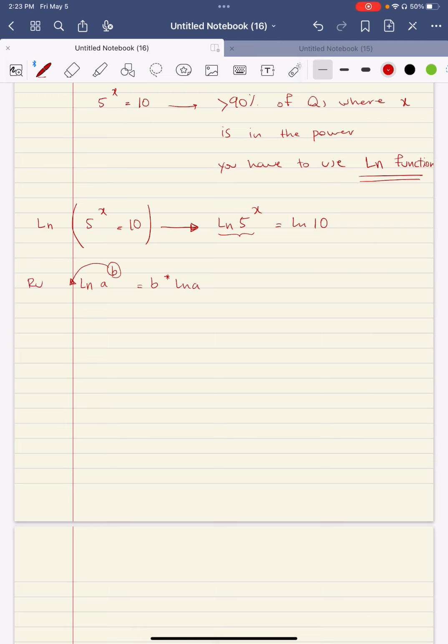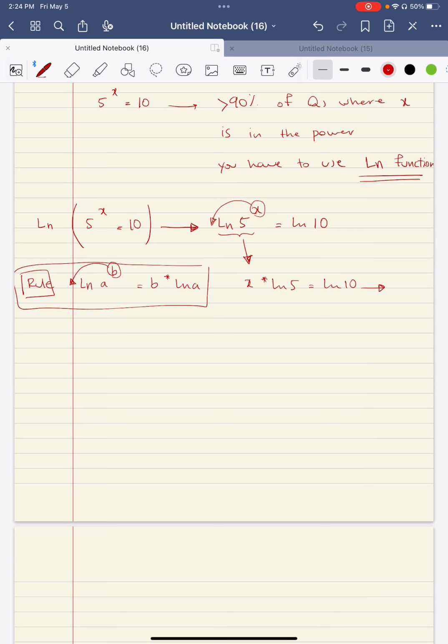It's a rule. I think most of you know this rule. So I'm going to apply the same thing here. x comes here, so it will be x times ln 5 equals ln 10, right?